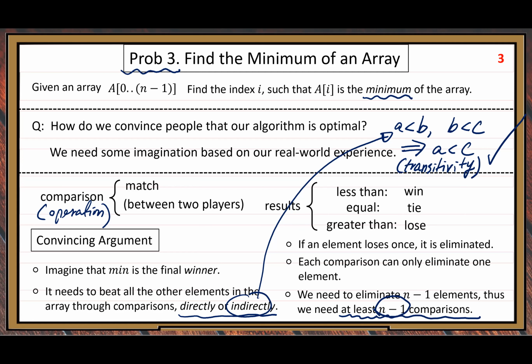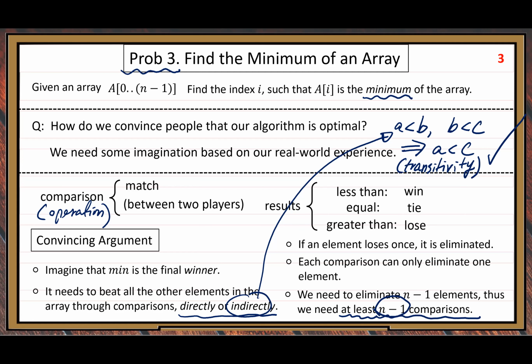They do some redundant comparisons. Some people design algorithms that may do redundant comparisons, so they waste a few comparisons. That's possible.